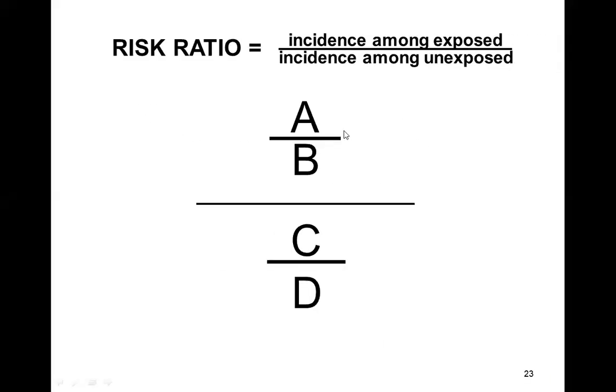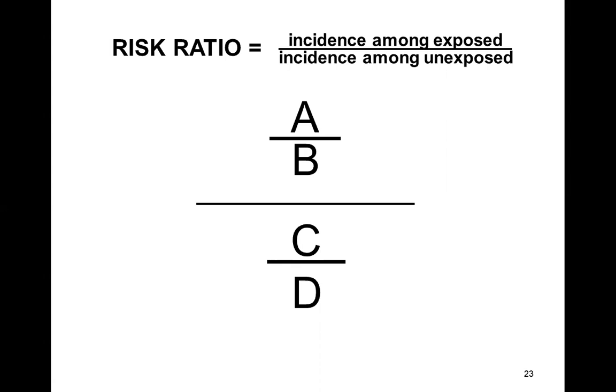So when we divide A by A plus B, and then that by C divided by C plus D, what we're looking at is the risk ratio. That's the incidence among exposed divided by the incidence among unexposed. Think about coronavirus: every day we're hearing another 50 people died, another 100 people are in the hospital.